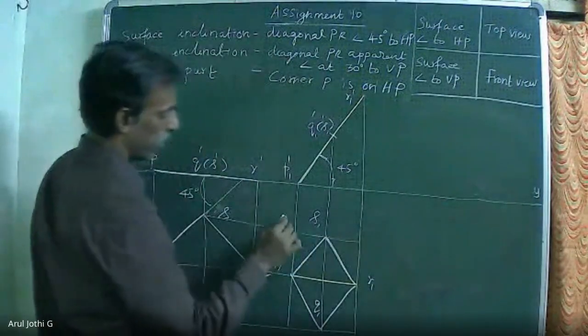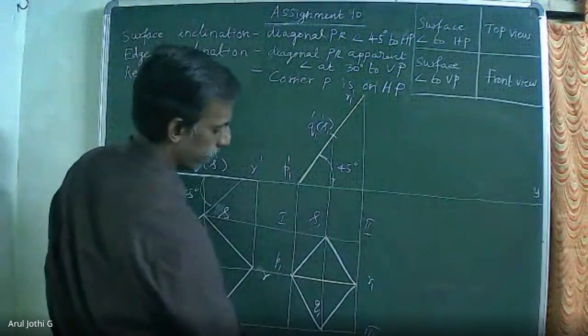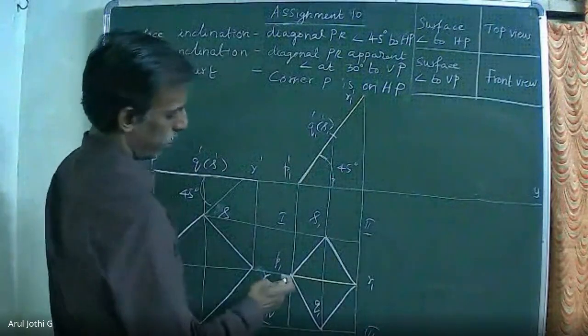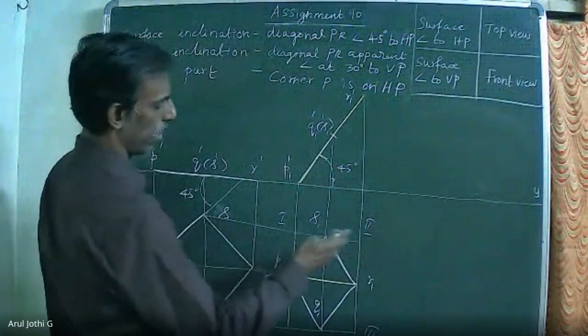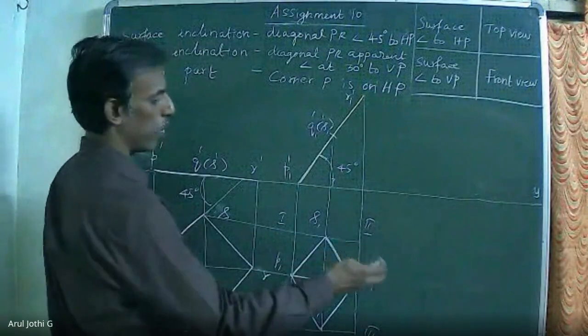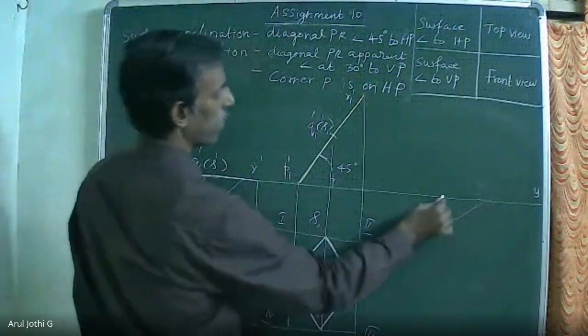Now enclose this inside the rectangle to make the diagonal PR inclined to VP. Make line 1 and 2 inclined to VP.